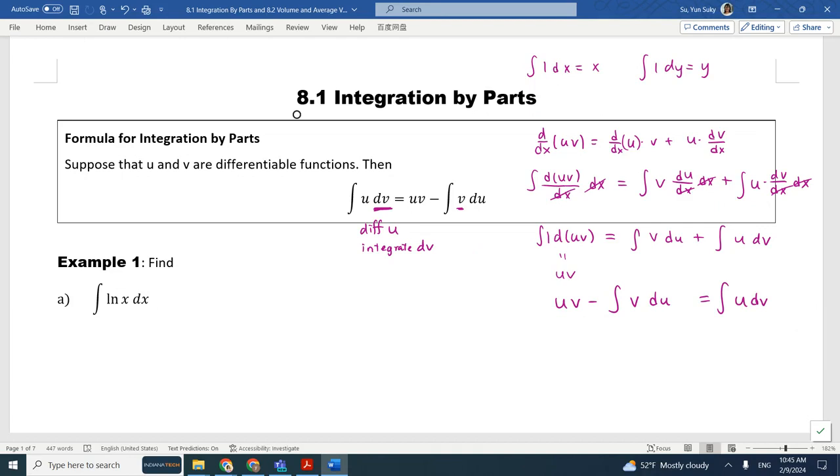Now close your eyes. Integral u dv equals uv minus integral v du. Just remember the formula like you remember your name.